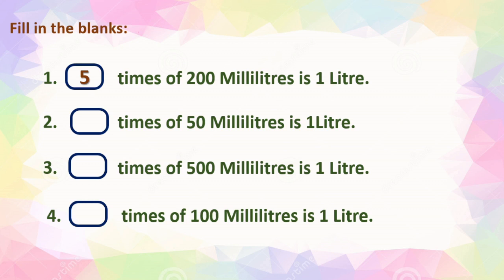Yes, and we need 1000 milliliter. Very good. 50 to the 100. Correct. 50 twenty times. Very nice. Means 20 times we have to measure this 50 milliliters. Then we get 1 liter.